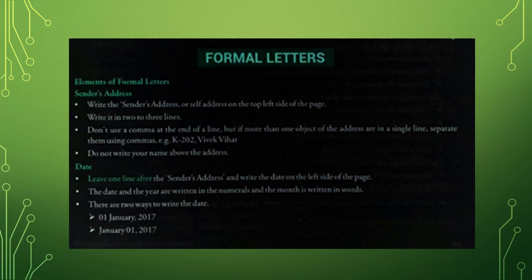The date and the year are written in numerals, and the month is written in words, and that should also be written in full. If it is the month of December and you write DEC, you would lose marks. So it should be written in full.